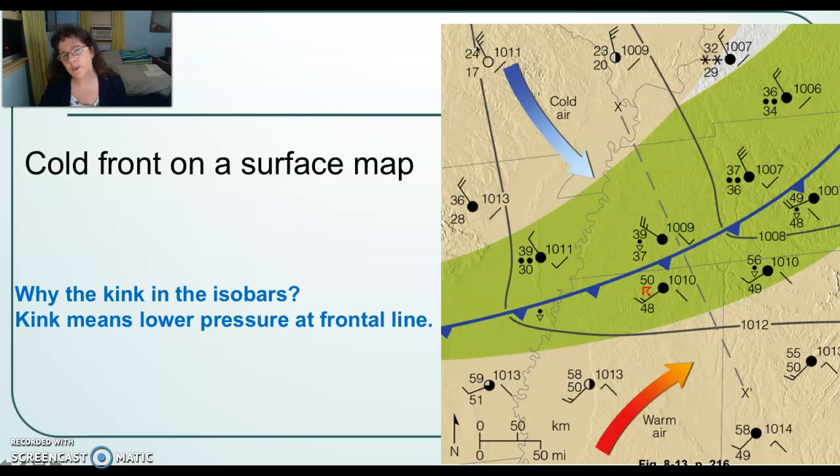If I had a nice smooth line for 1012, then I could have 1012 right here. But look, I've still got 1011 right there. I've got a trough of pressure right by the frontal line. Why do I have a trough of pressure there? The kinks in this mean a lower pressure at the frontal line. Let's explore that a bit.